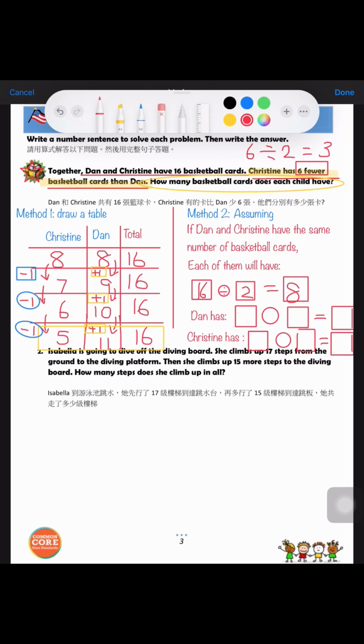And we know that Dan has more cards than Christine, so Dan will have 8 plus 3 equals to 11 cards. And Christine will have 8 minus 3 equals to 5 cards.